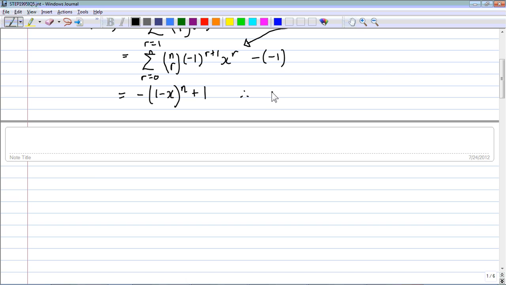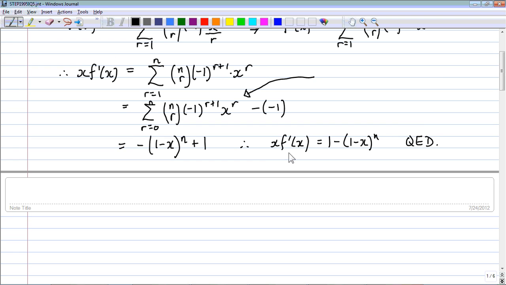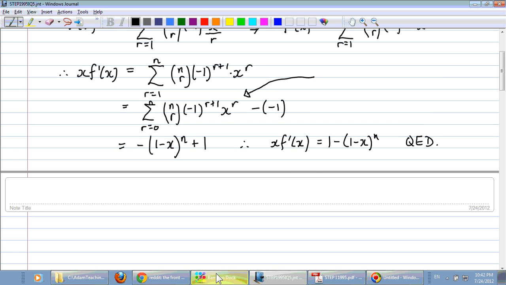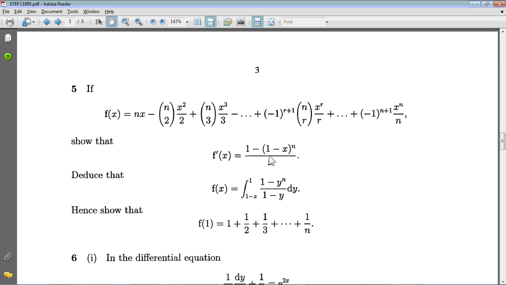So finally we're getting the result we want. x f dash x equals 1 minus x to the n, and here I'll put QED because that is what we were to show, which is that the derivative f dash x is 1 minus x to the n divided by x.